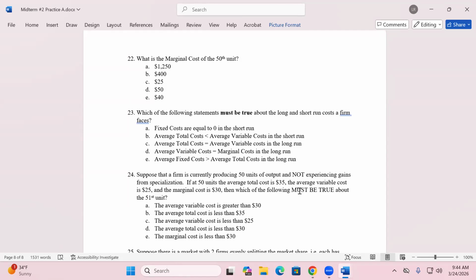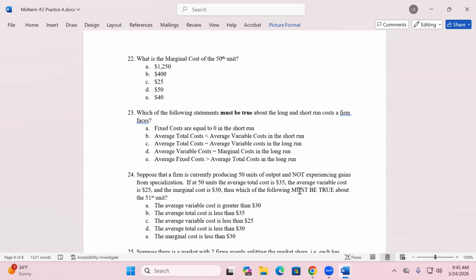So I know the point that I'm at, my marginal costs of 30 are below the average total cost of 35, and above the average variable of 25. So if I instead go from the 50 to the 51st unit, what must be happening to my average total cost?